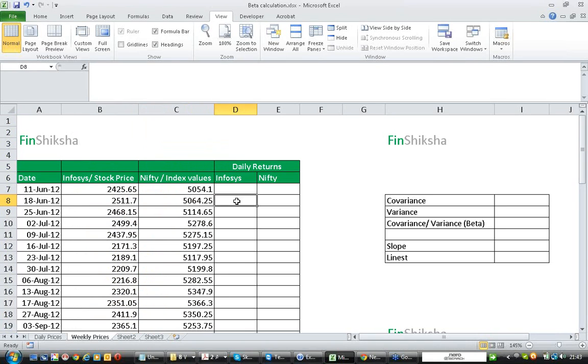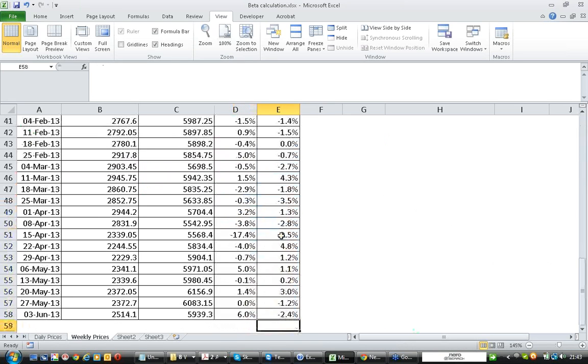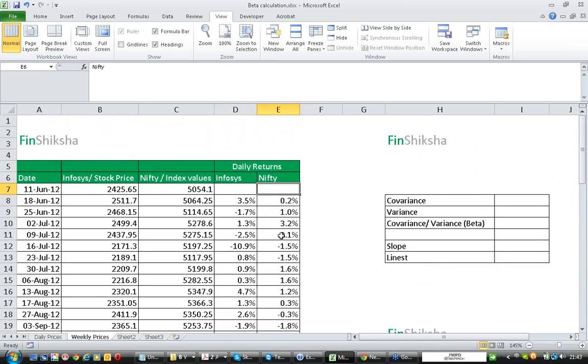Similarly, as we did in the previous exercise, let's find out the weekly return, that is this week's closing price divided by previous week's closing price minus 1.